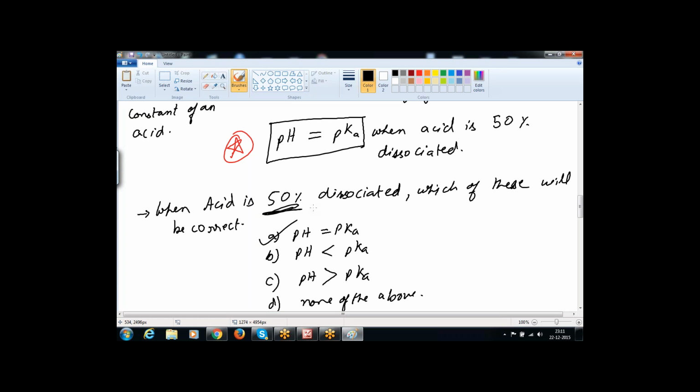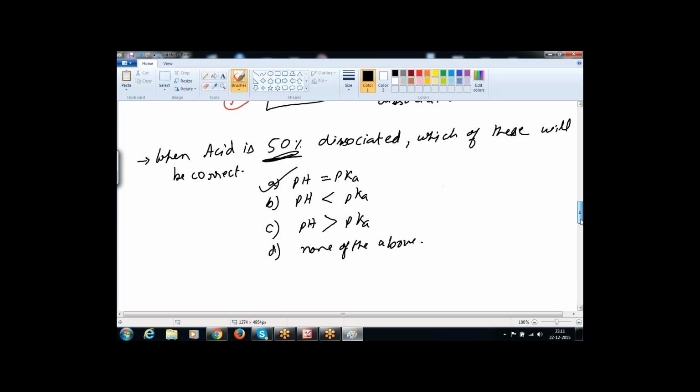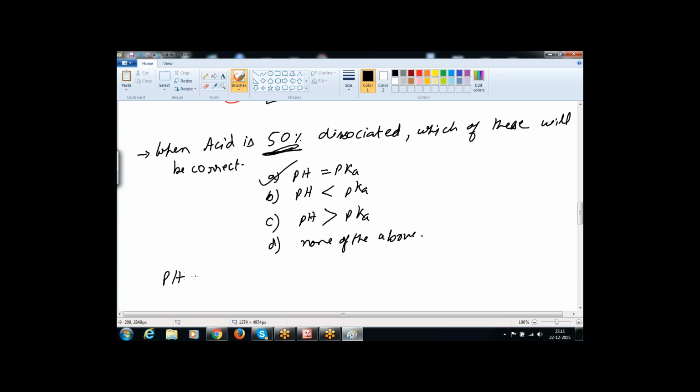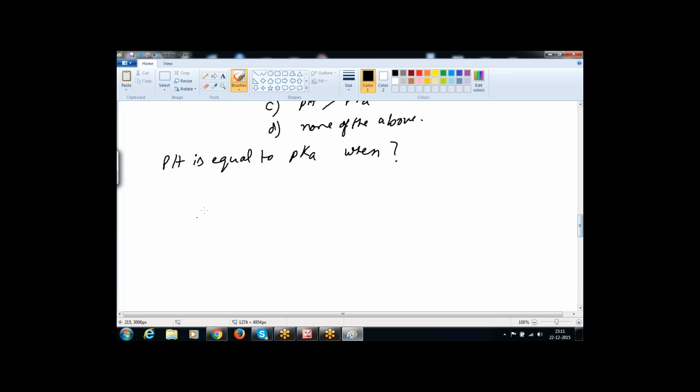Or you get the question in the opposite form. They ask you, pH is equal to pKa when, and they give you options. A, acid is 50% dissociated. B, acid is less than 50% dissociated.